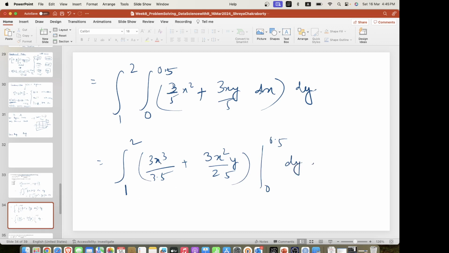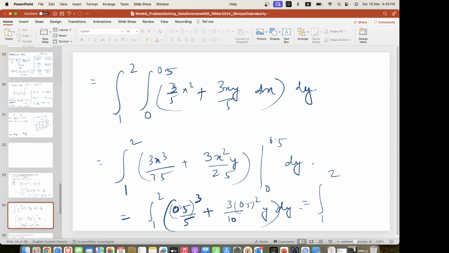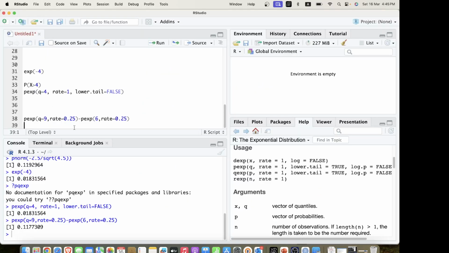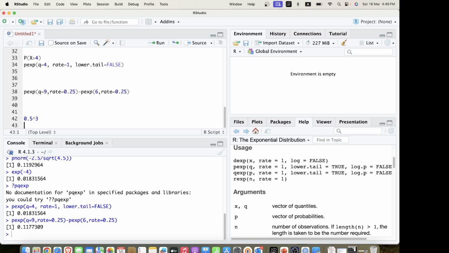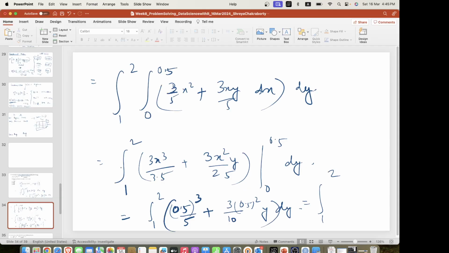So if we just substitute, then this would be 1 to 2, x cube, that is 0.5 cube by 5, plus 3 by 10, 0.5 square y dy. 0.5 cube by 5 is how much? 0.025.